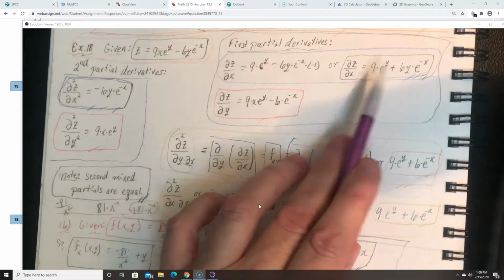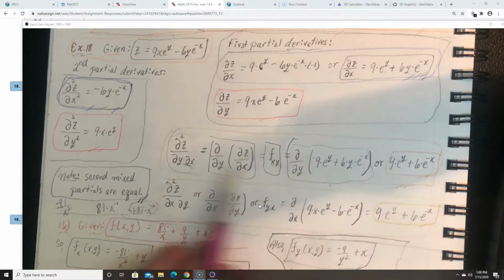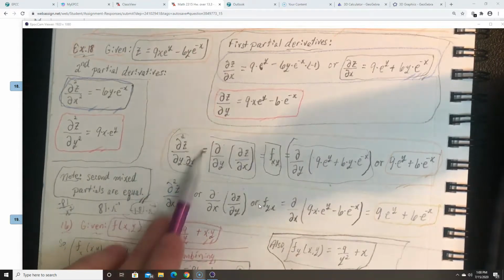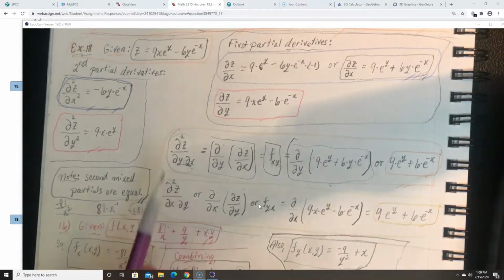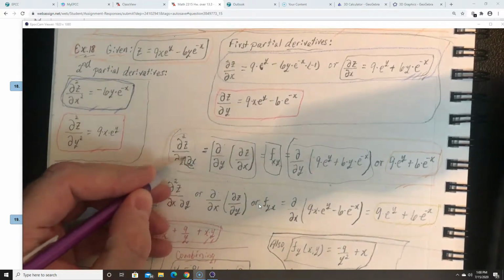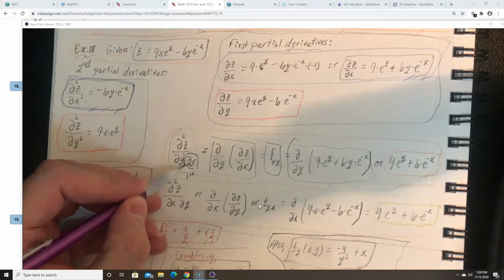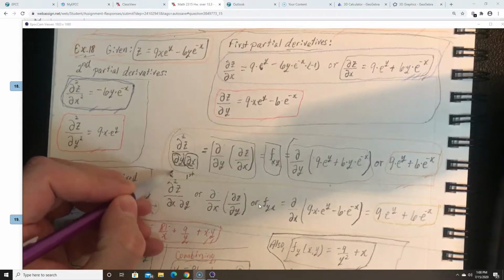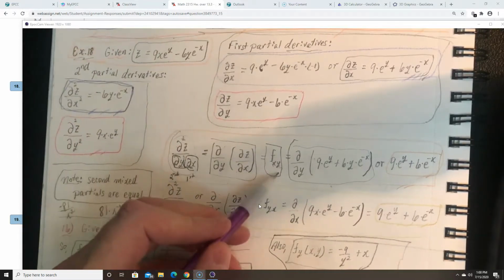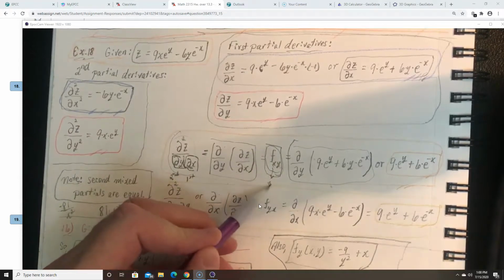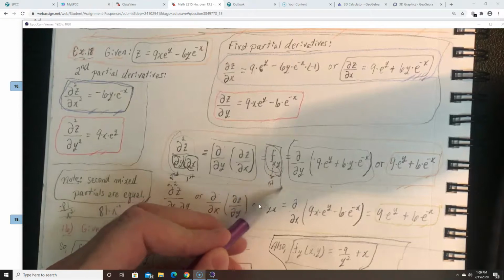That's what we did. And whatever you get, then differentiate it a second time, but with respect to y. So when it's written this way, you do this one first and this one second. When it's written this way, it's the opposite. You do this one first, and you do this one second.